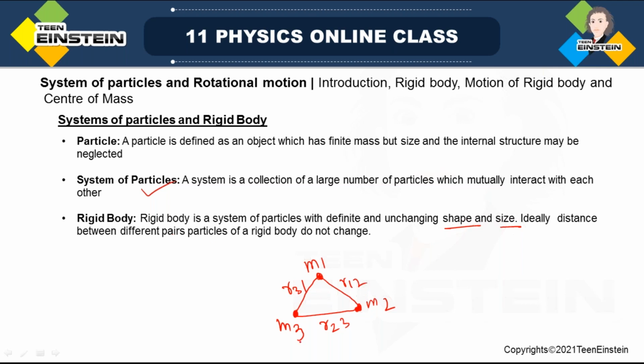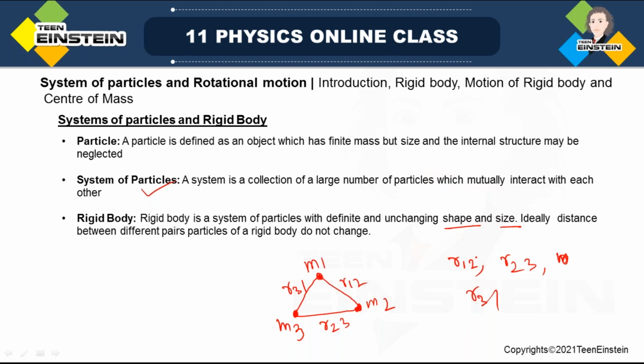According to the definition of rigid body, this system of particles will be called a rigid body if the distance r12 between m1 and m2, the distance r23 between m2 and m3, and the distance r31 between m3 and m1 do not change with time and space.